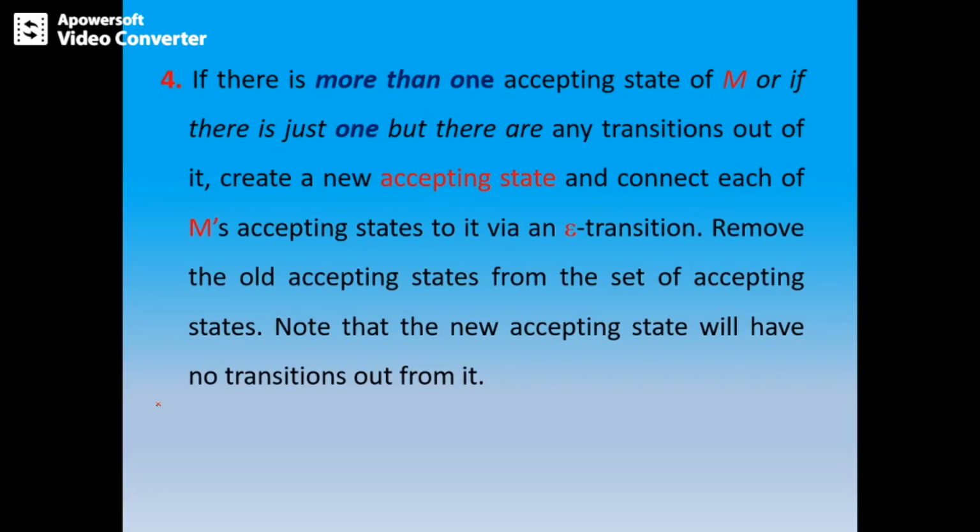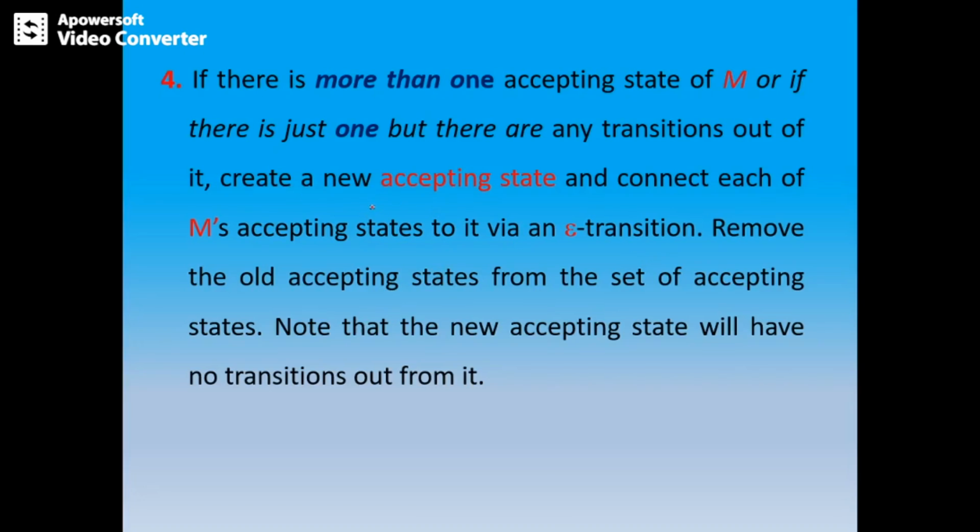Now, regarding the accepting state: if there is more than one accepting state of M, or if there is just one but there are transitions out of it, create a new accepting state and connect each of M's accepting states to it via an epsilon transition. Remember, in the conversion of FSM to regular expression, finally you need to have one start state and one accepting state, and the transition is going to give you a regular expression.